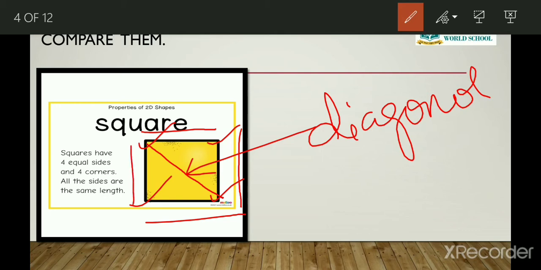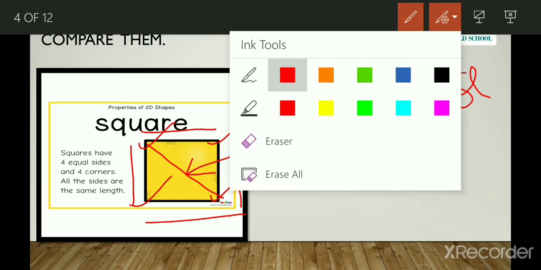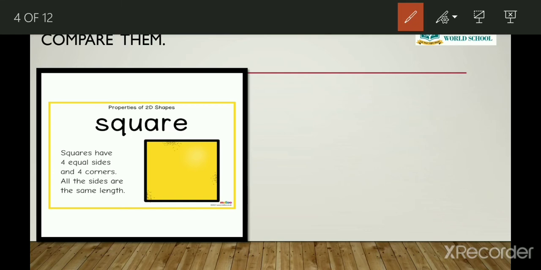So all the 4 sides, side 1, side 2, side 3 and side 4 are equal, and yes, there are 4 corners. And how many diagonals? Can you tell? Let's see. One diagonal by joining the opposite corners, and similarly the second diagonal by joining the other 2 opposite corners. Okay, so in total we have 2 diagonals in a square.